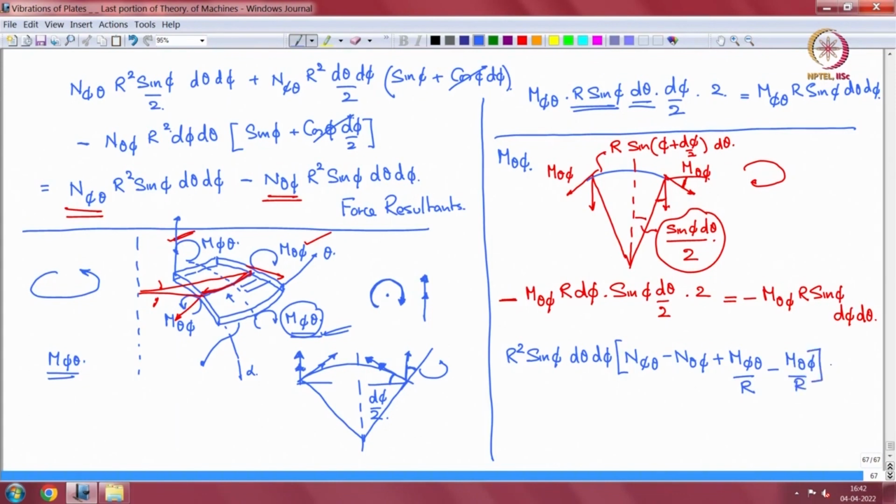That must be equal to 0, because again we are ignoring the rotational inertia of this differential element.